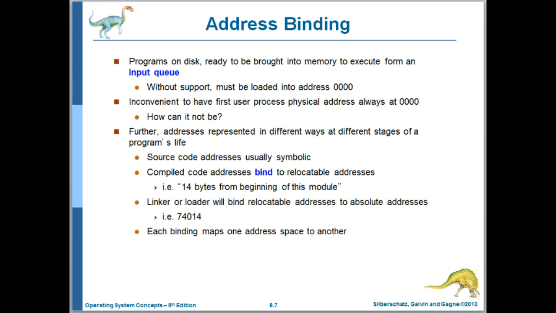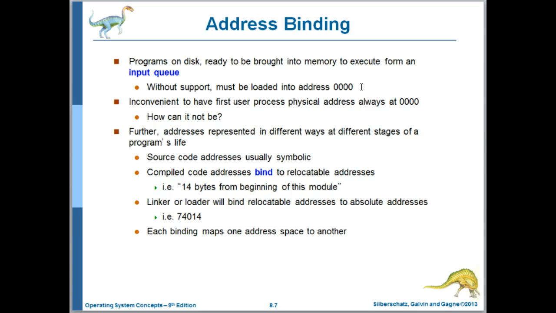Address binding can occur at compile time, link time, load time, or run time. The compile time, an example of address binding, is taking a symbolic variable name such as foo and binding it to a logical address. A compiler has to make certain assumptions, for example, that the program is loaded starting at address 0.